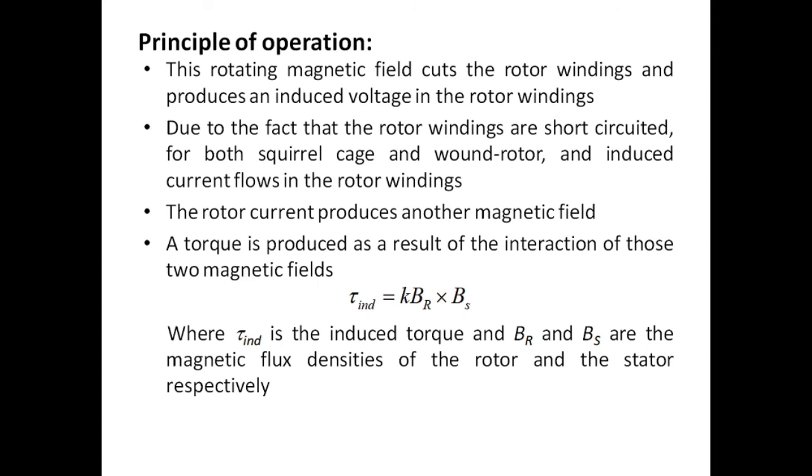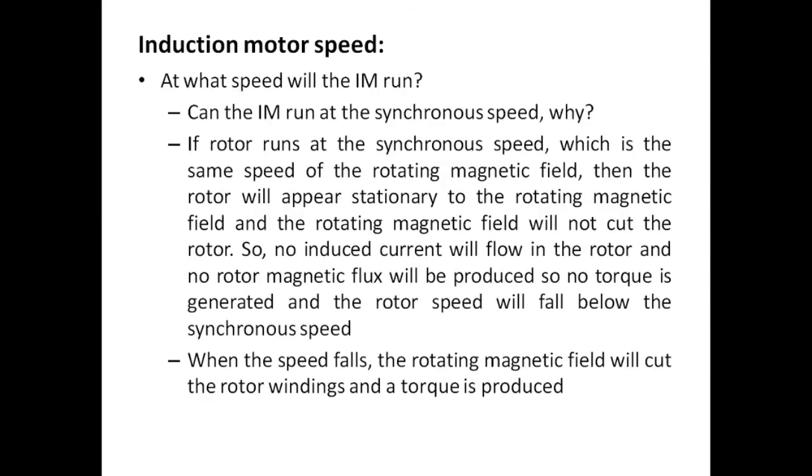It cuts the rotor conductors, which are stationary, and induces an EMF in them. The rotor produces a magnetic field that opposes the synchronous speed, so the rotor rotates at speed N. That is the induction motor speed point of view.